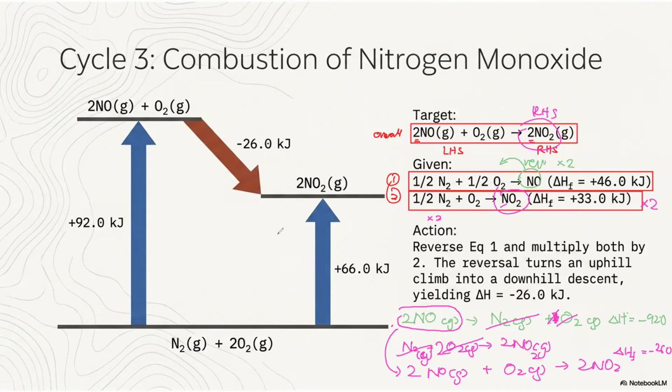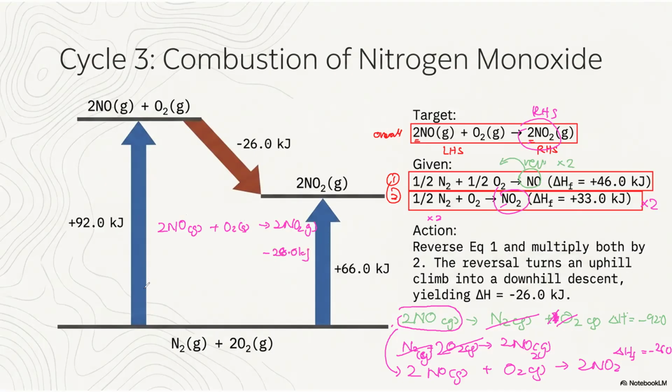Now, what about the Born-Haber cycle? What about the Hess cycle? In the Hess cycle in here, as you can see, now you have three equations. What are the three equations? Number one, you have 2NO gas plus O2 gas give 2NO2 gas. As we calculated just now, this one is negative 26.0 kilojoule.